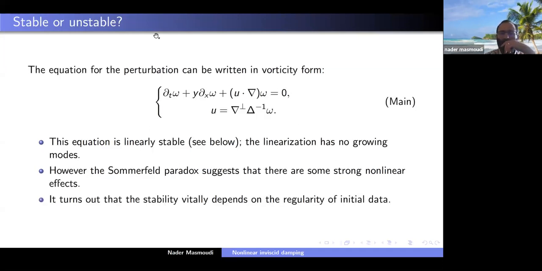This is the new equation for the perturbation. At the linear level it is stable, with no growing modes. However, the Sommerfeld paradox, which I will not discuss here, suggests that there may be strong nonlinear effects, and that the stability may depend on the regularity. That's really the main thing here.